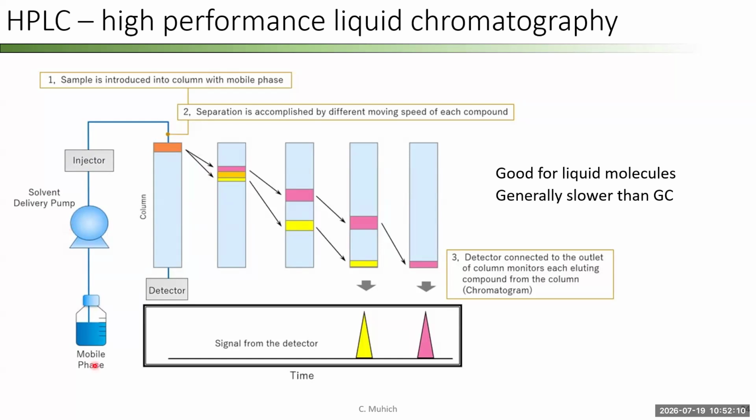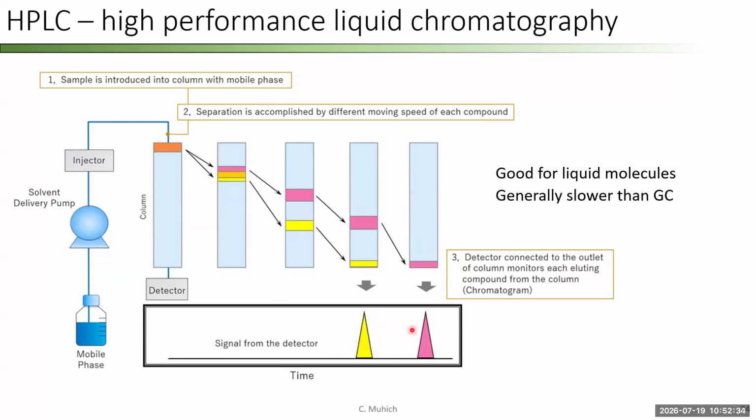Right? So just like the gas chromatography, we inject our sample. Fluid is the mobile phase, that liquid is going to flow through. We end up getting this nice separation as it moves down through the column with time, and we end up getting signals that arise out of our detector.